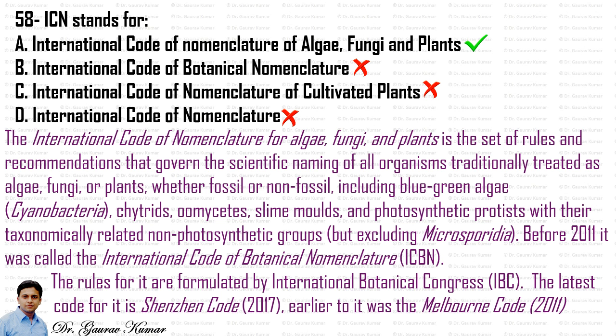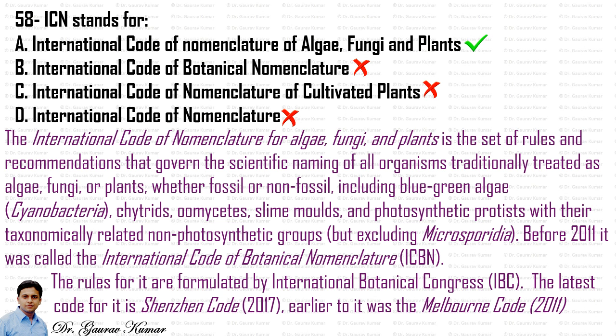The International Code of Nomenclature for Algae, Fungi and Plants is a set of rules and recommendations that govern the scientific naming of all organisms traditionally treated as algae, fungi or plants, whether fossil or non-fossil, including blue-green algae, cyanobacteria, chytrids, oomycetes, slime molds and photosynthetic protists with their taxonomically related non-photosynthetic groups, but excluding Microsporidia.